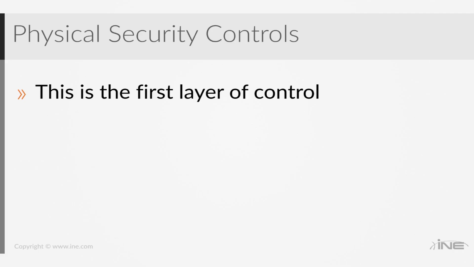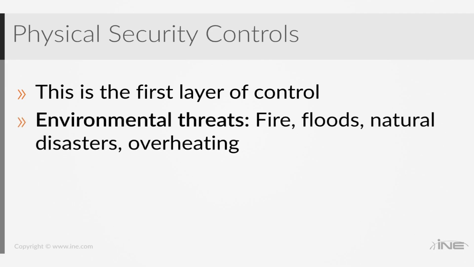What is it good for to have a super elite security team if you're careless on controlling the access to the facilities? So really, you must have a solid first layer of control.